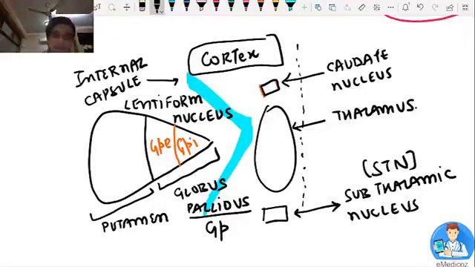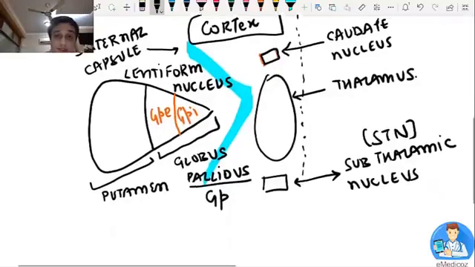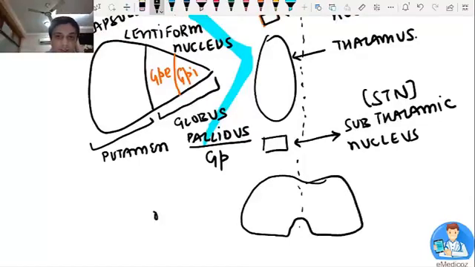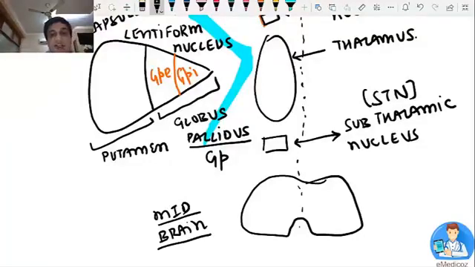Right. So this is the basics of the basal ganglia, but I'm still not complete. Why am I still not complete? Because below this, there is going to be a structure. In a transverse section, if I can make it as the midbrain, which is anatomically different but functionally a part of the basal ganglia. The midbrain gives rise to two cranial nerve nuclei, the third and the fourth.